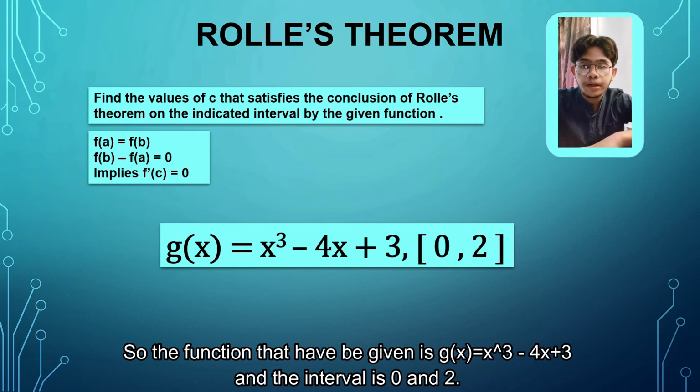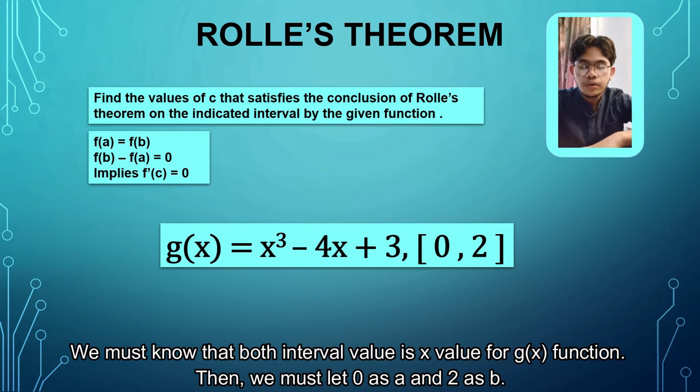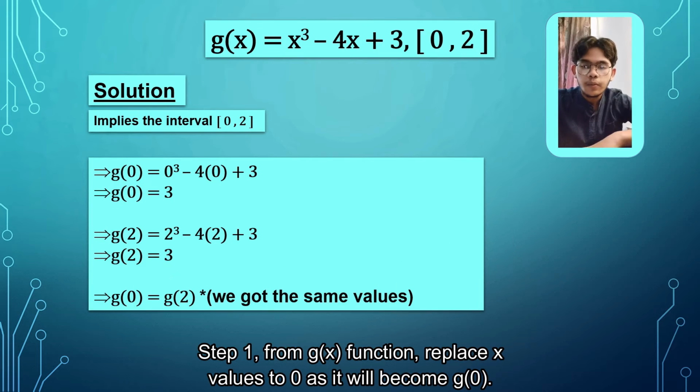So the function that has been given is g(x) equals x cubed minus 4x plus 3, and the interval is 0 and 2. We must know that both interval values are x values for the g(x) function. Then we let 0 be a and 2 be b. Step 1.